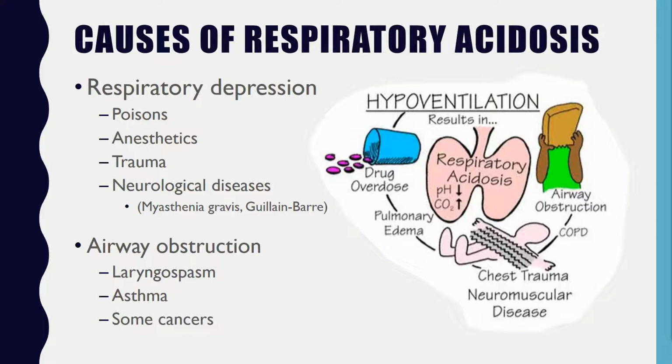Initially, the serum bicarbonate level is unchanged because the compensatory response of the kidneys occurs over hours to days. So our respiratory changes can occur very suddenly, very quickly. It takes the renal system hours to days to try to compensate.